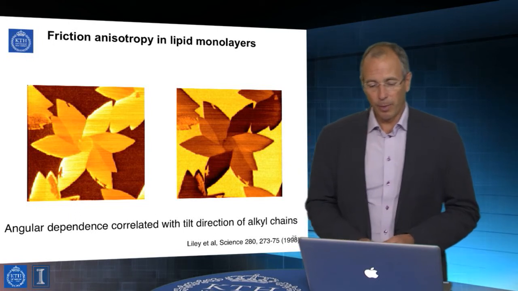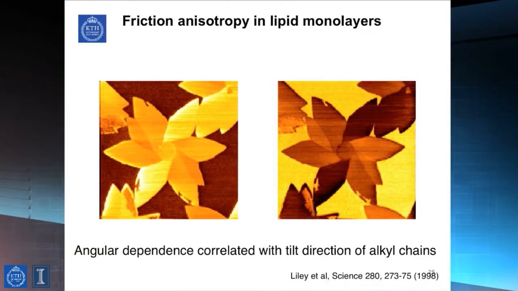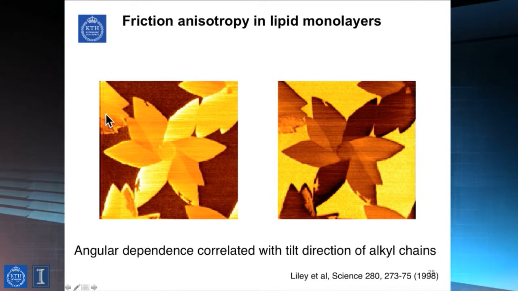This, to me, is perhaps one of the most powerful examples of lateral force microscopy. It's the same image taken in different scanning directions. So in the left-hand image, I can't actually remember which way the travel is. Let's say that the tip is moving in this direction. Whereas on the right-hand image, let's say the tip is moving in the other direction.